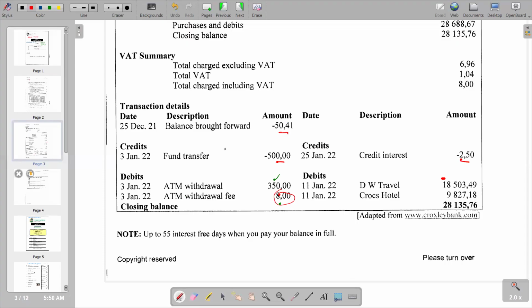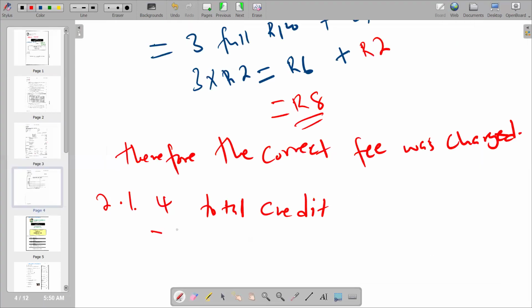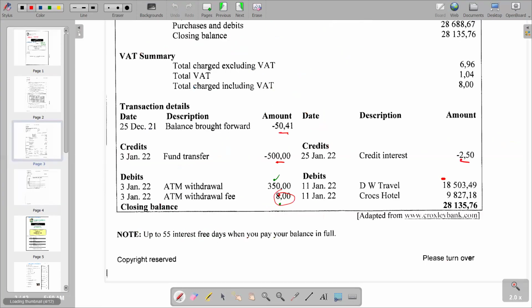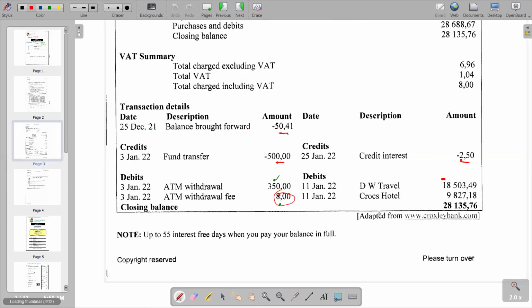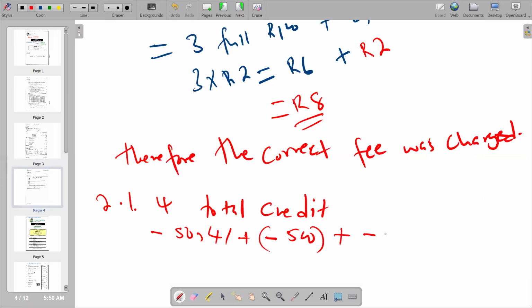So negative 50.41, plus negative 500, plus the last one, which is negative 2.50.